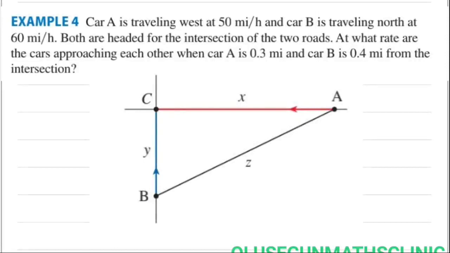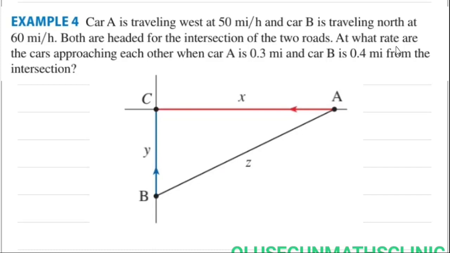Example 4. Car A is traveling west at 50 miles per hour and car B is traveling north at 60 miles per hour. Both are headed for the intersection of two roads.